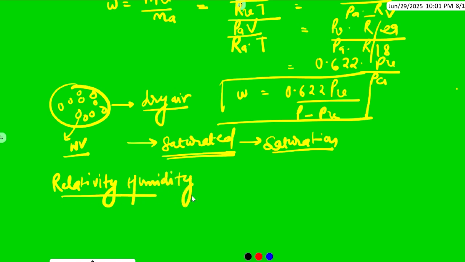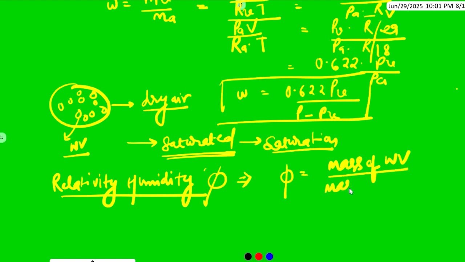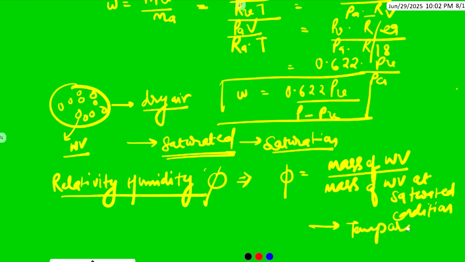We denote relative humidity by phi. The definition of relative humidity says that it is the ratio of mass of water vapor to the mass of water vapor at saturated condition. However, to be noted, the temperature will remain the same.